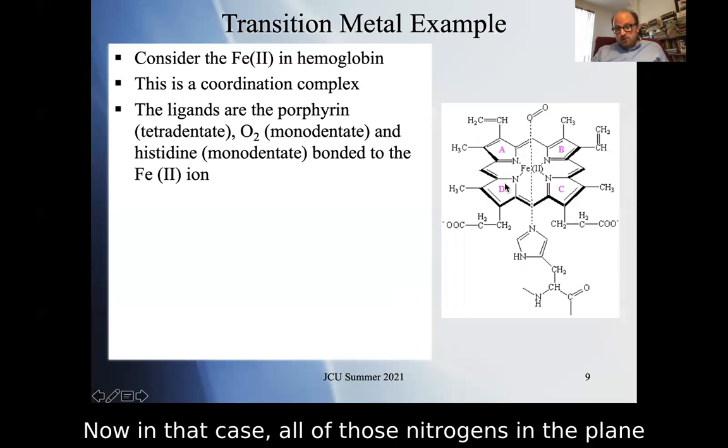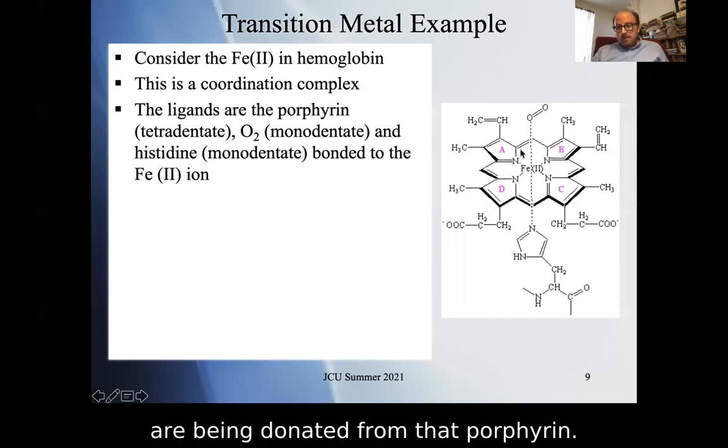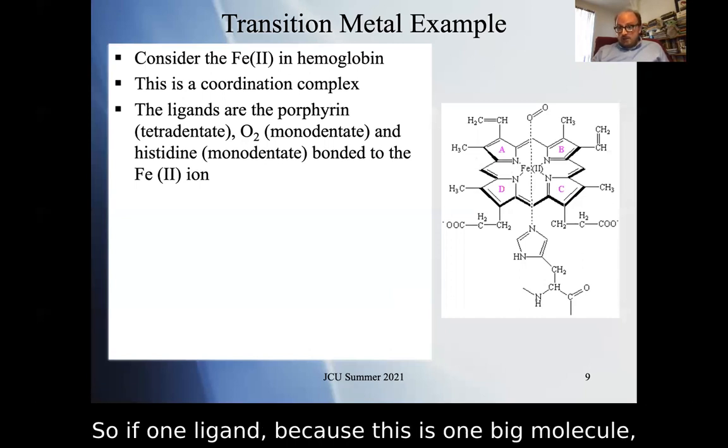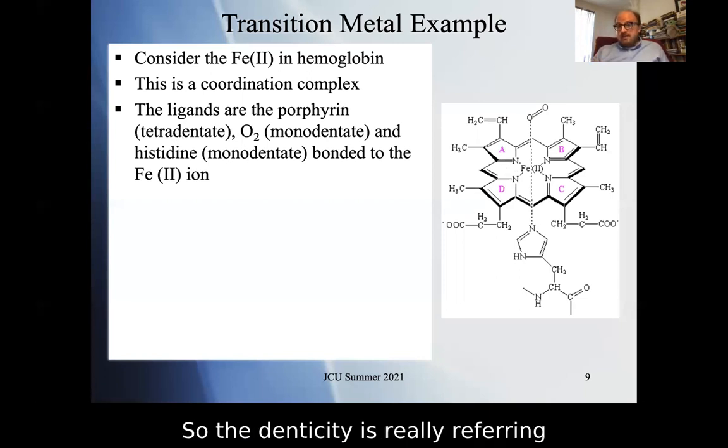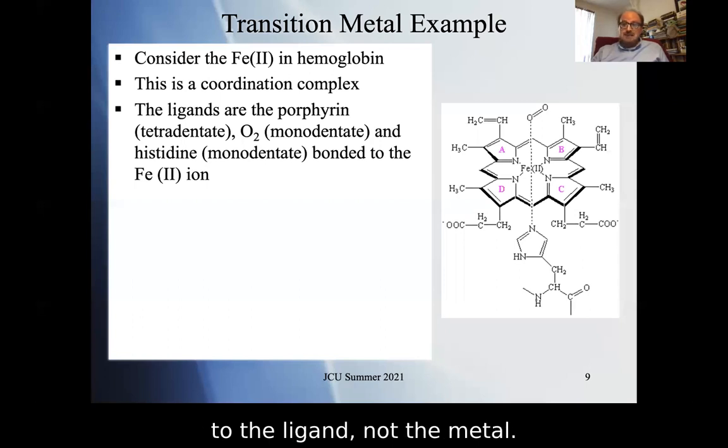All of those nitrogens in the plane are being donated from that porphyrin. So if one ligand, because this is one big molecule, is donating 4 atoms, then that means it is tetradentate. The denticity is really referring to the ligand, not the metal.